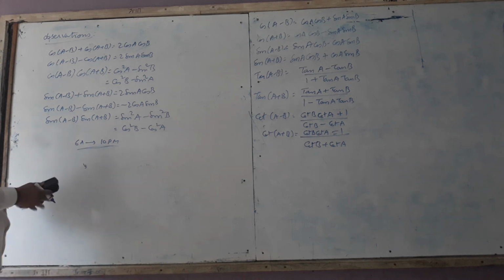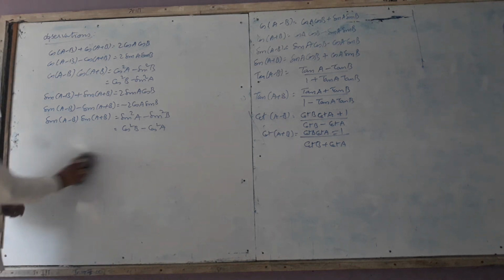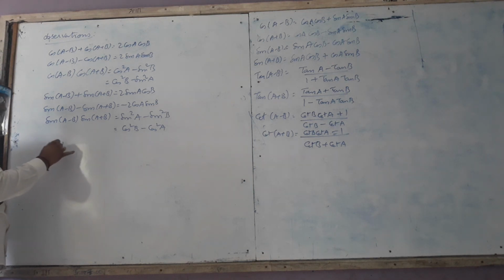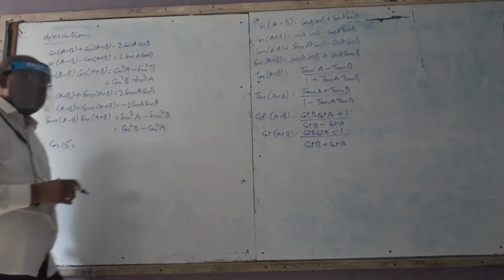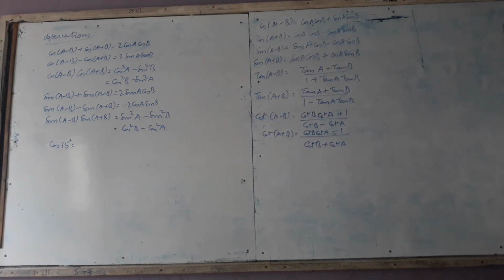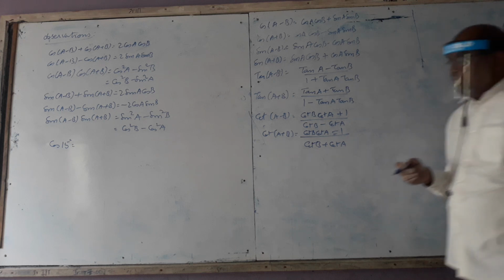Right. Now, I'm going to ask the value of cos 15 degrees. But you don't know the trigonometric ratios of the angles 0, 30, 45, 60 and 90. You are not writing, or you don't know. But how to find 15, sir?